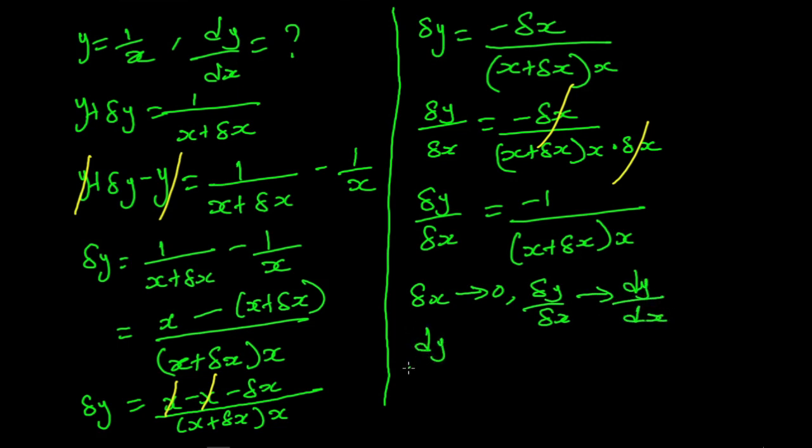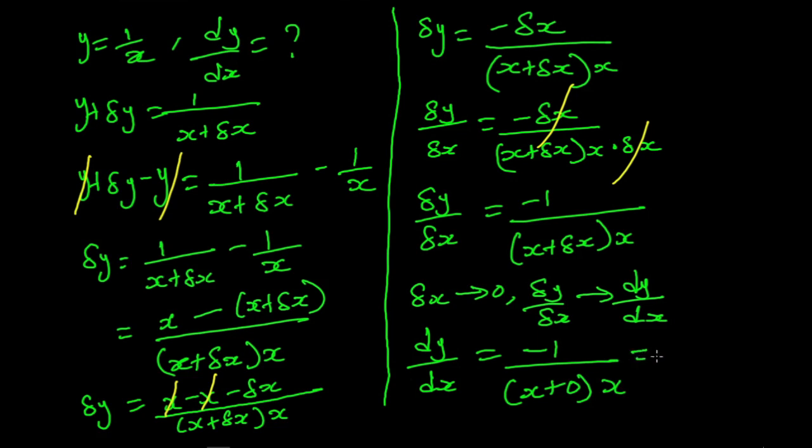Now dy over dx is going to be equal to negative 1 all over x plus our delta x, which is going to become 0, just as this becomes this. So we're going to have 0 here and we have x here.